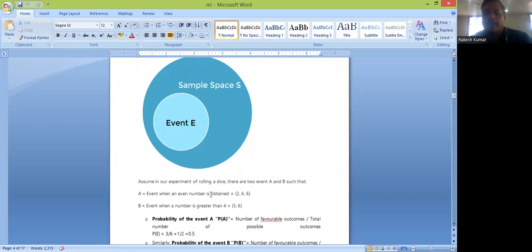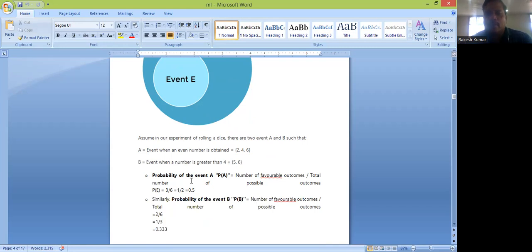So the even numbers on the die are 2, 4, and 6. B is the event of getting a number greater than 4, which is 5 and 6.